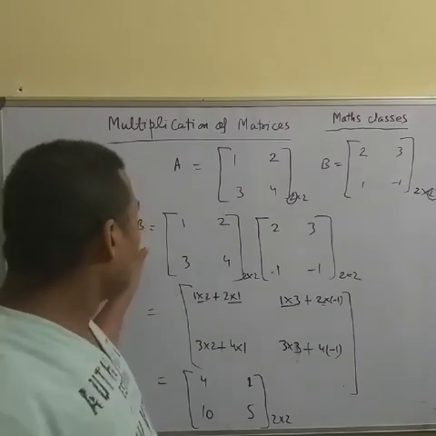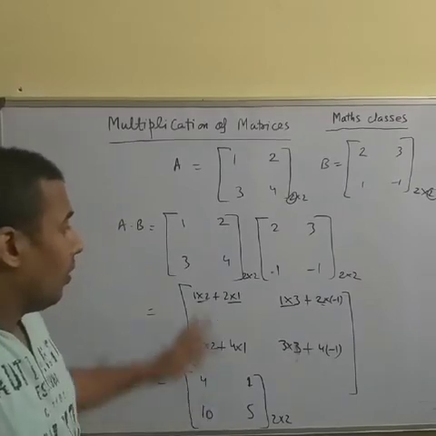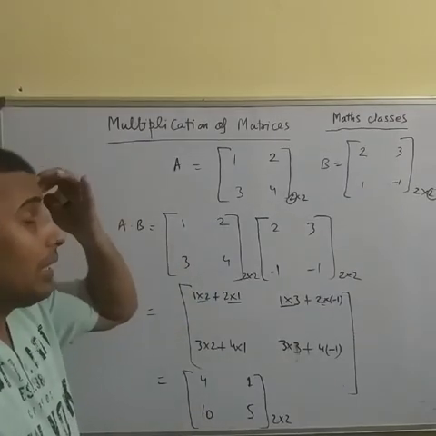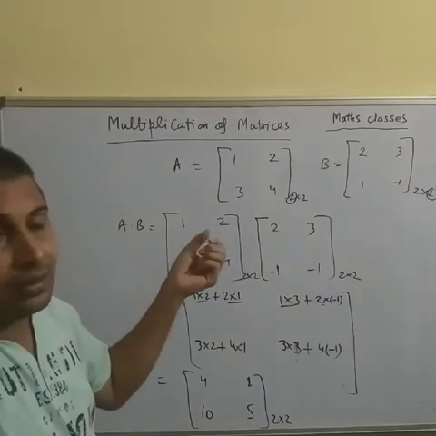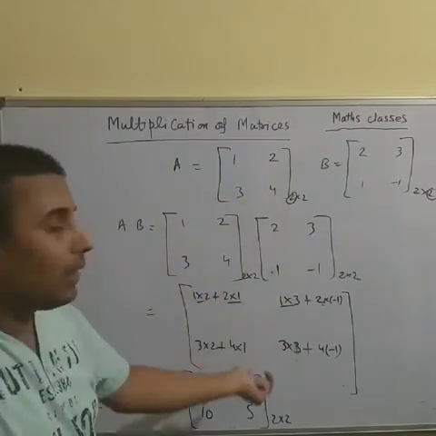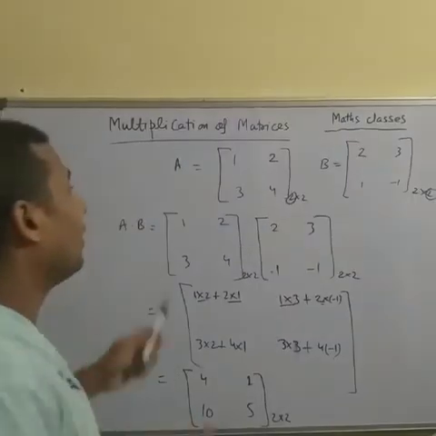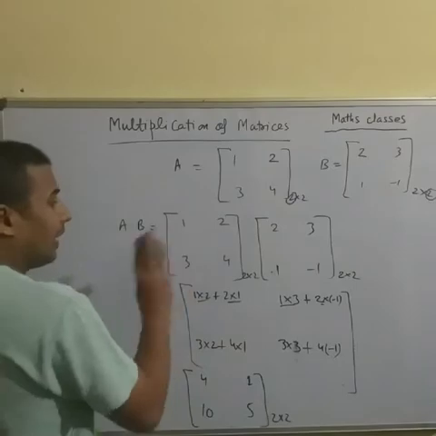This is our multiplication of the matrices. This is the rule for how we multiply. If the order is 3 cross 3, then we can use this method to find the multiplication of the matrices.